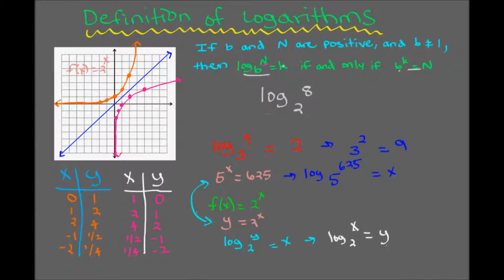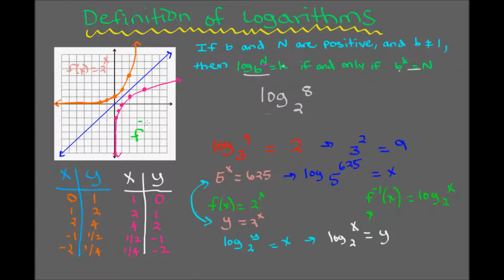Now we've solved two problems in one, because we found the equation of the inverse, and we've also isolated y, which is very important. Now that we've isolated y, we can turn this back into a function, because that's how it started. So we make it f to the negative 1 of x, or f inverse of x as you pronounce it, is equal to log base 2 of x.